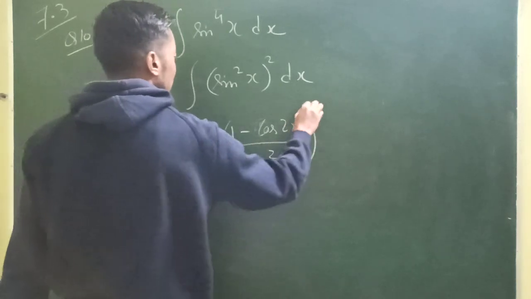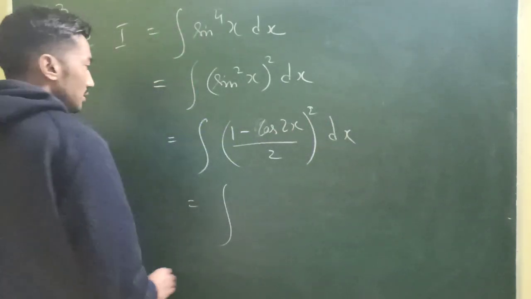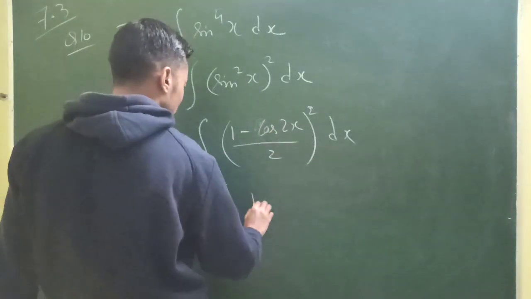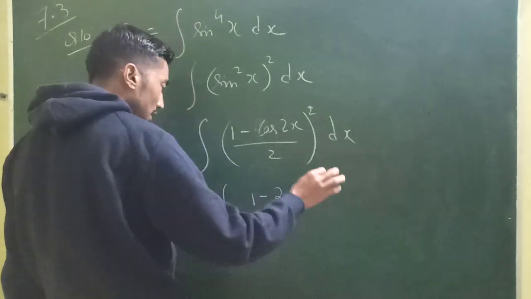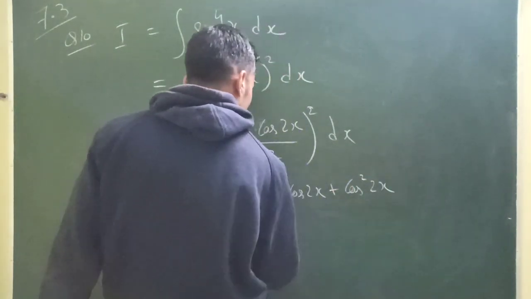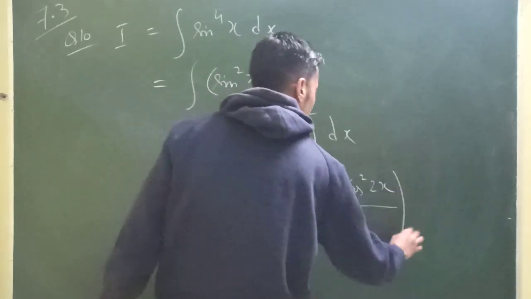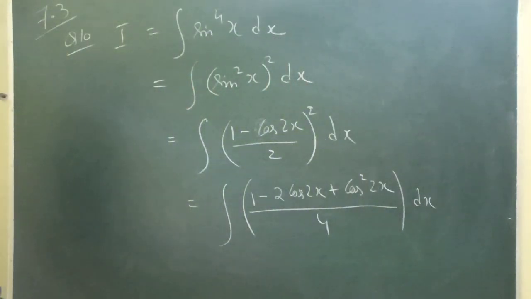These are all like revision of trigonometry only again. So that's going to be a minus b whole square. So that's a square minus twice of a into b plus b square divided by 4 with respect to x. Okay, I guess that's just about fine.